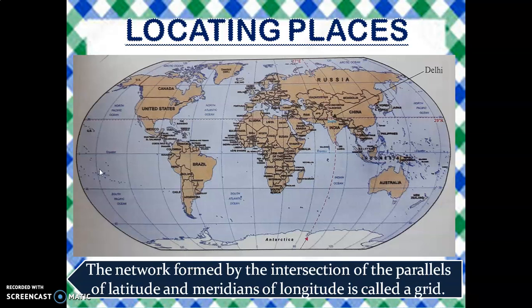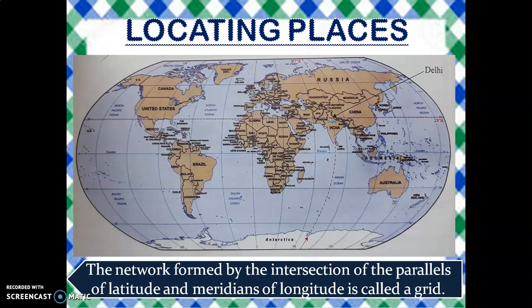So, if you can see, these longitudes and these latitudes have intersected, and what is formed is the grid. It helps us to locate places on a globe or on a map.